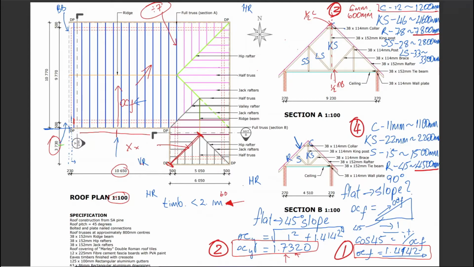And the reason you can times it by 3 is, despite this being a valley rafter, it does not discriminate. It says, well, it is timber, it still runs this way. It only becomes a valley once you add a covering to it. But it is all the same to the timber. And you do exactly the same for this. You scale this one, and let's say this is Y. Y times 1.732. And there you go. Get this length instantly.